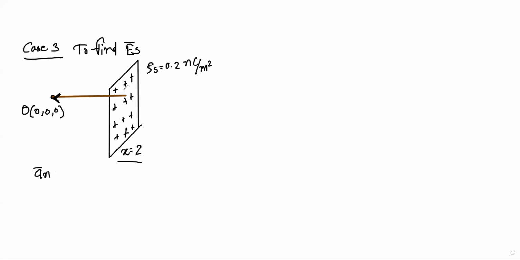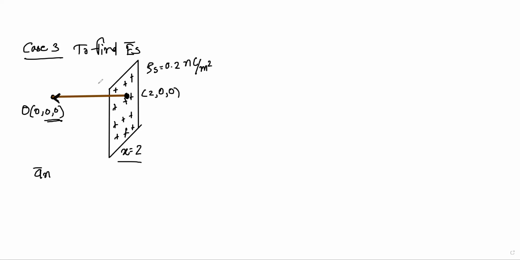A bar n. If I talk about this, this normal will have only one component. Why? Because we are taking the two remaining components from this one. X component is known, that is 2. Y component we will take from origin 0, and Z component from origin again. So this is 2.